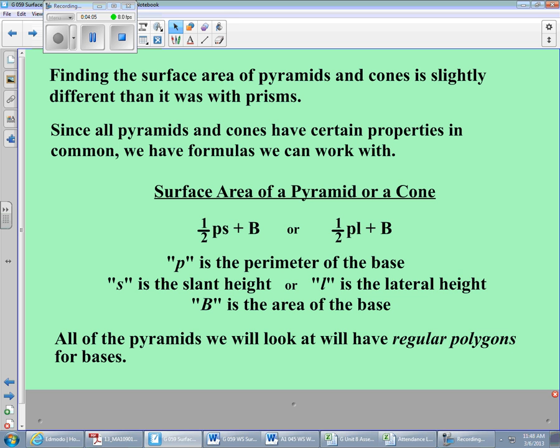So regular polygons: we're going to get squares underneath our pyramids. We're going to get regular pentagons, regular hexagons, regular octagons, stuff like that. And that formula stays the same, 1/2 times the apothem times the perimeter. So that's the way that this is going to work.